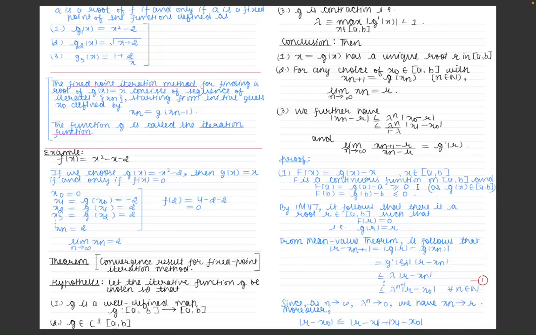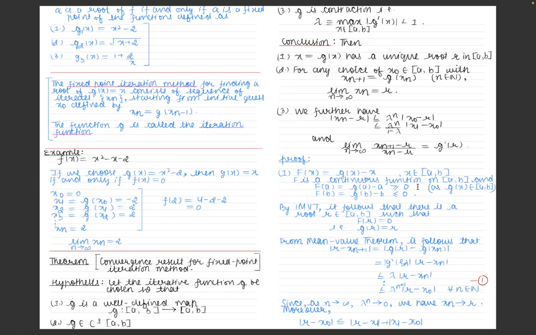But g is a contraction, so you will have lambda times mod of r minus x_n. And you keep on doing this, so you will get less than lambda^n times r minus x naught, and this happens for all n in natural numbers.